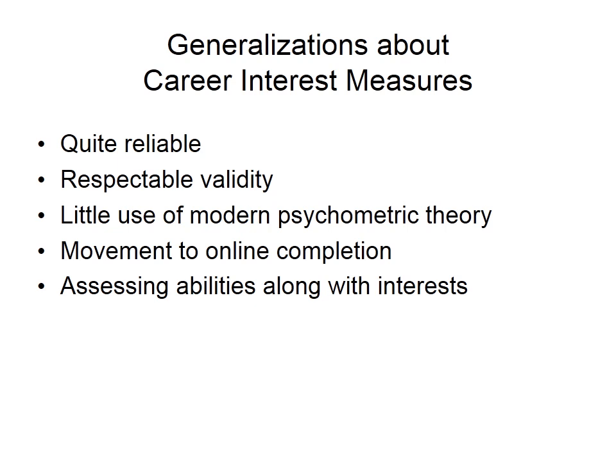So just wrapping up what we can say generally about career interest measures, all of them. Again, remember that on the slides I went through a lot more than just the Strong. Overall, we have a lot of evidence that they are quite reliable. So these are all objective tests. They involve people scoring, and then those scores are used to create occupational profiles or interest profiles.